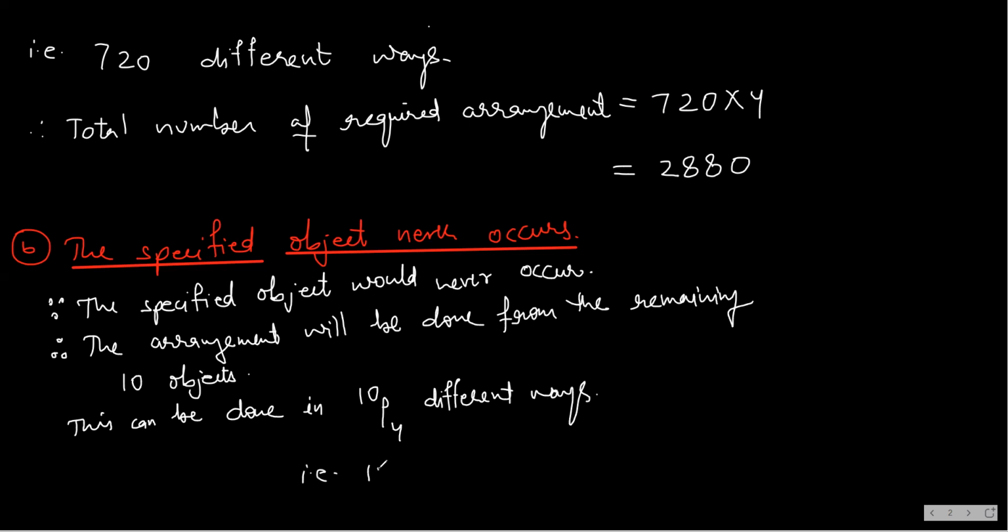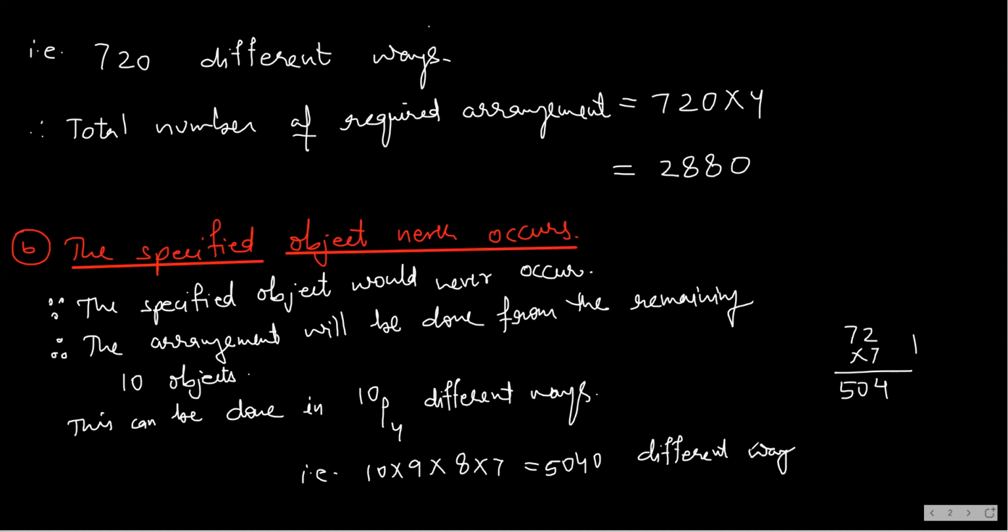That is 10 into 9 into 8 into 7, which is 5040 different ways. This is the answer. I hope you all followed it.